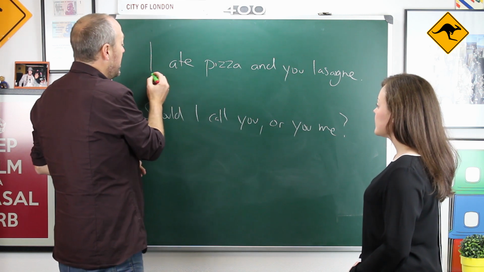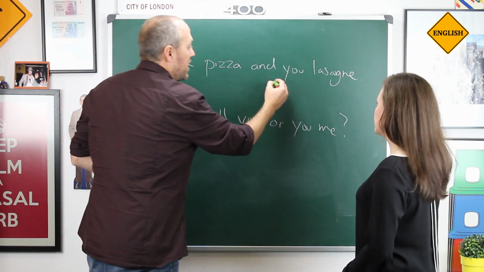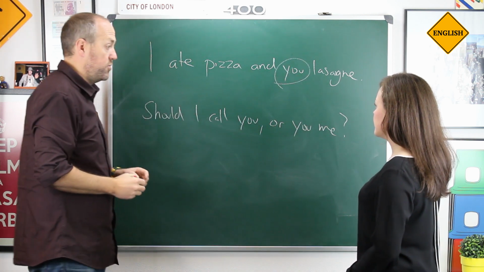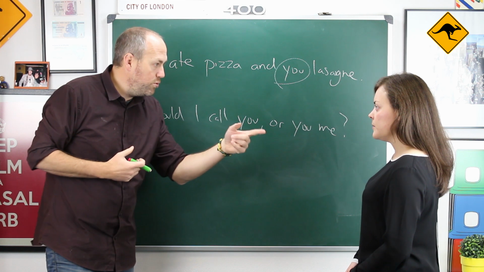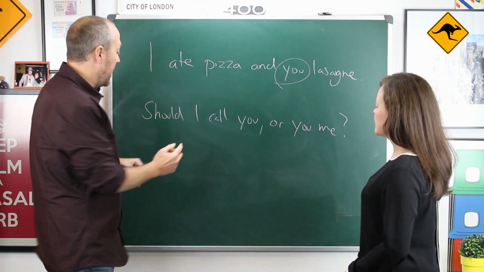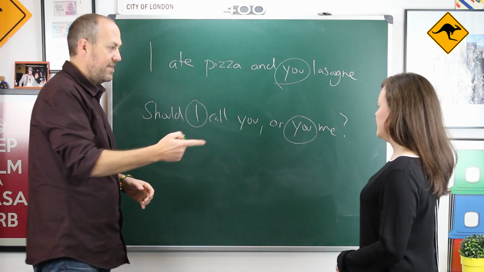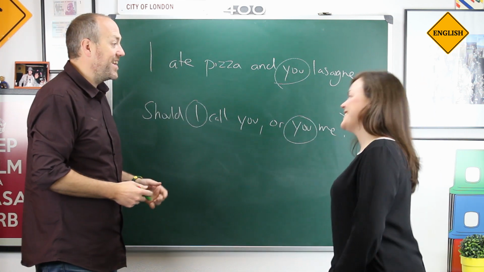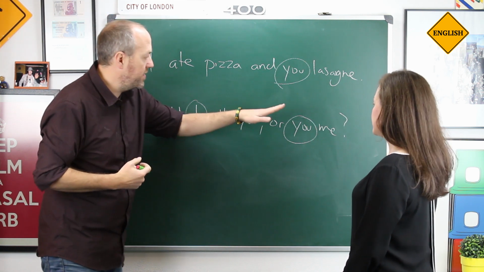Here we can see that I and you are different, so we're going to put our stress here. So, I ate pizza and you lasagna. And the same with this one. Should I call you or you me? Again, we put the stress on the different word.